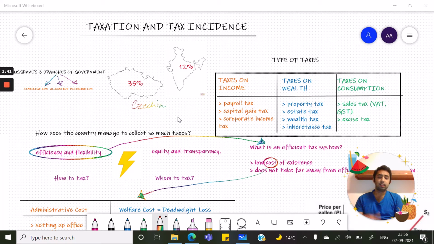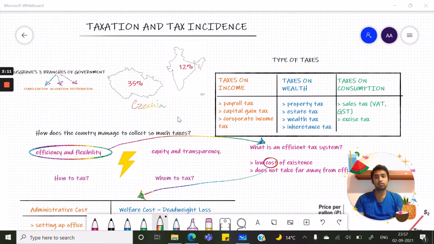So the reason why I am talking about taxation and tax incidence in this video is because taxes play a very crucial role in the economy of any country. So for example, take Czech Republic and India. In Czech Republic, the share of tax revenue as a percentage of GDP is 35% as compared to India, in which the share of tax revenue to GDP is only 12%.